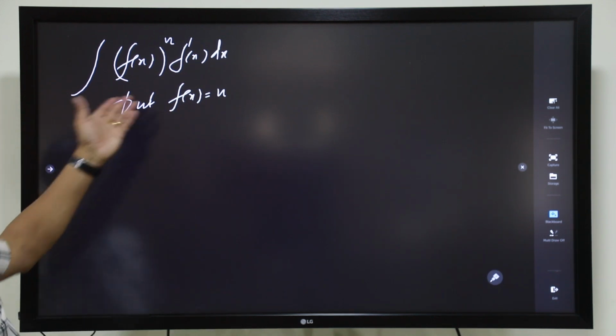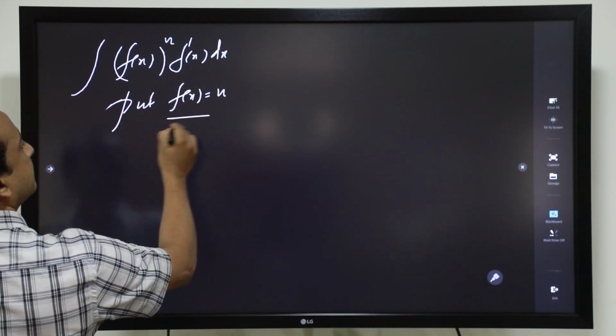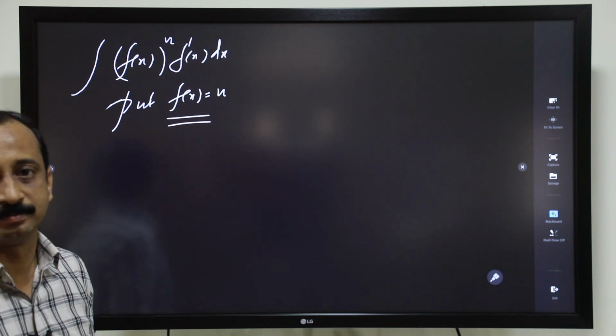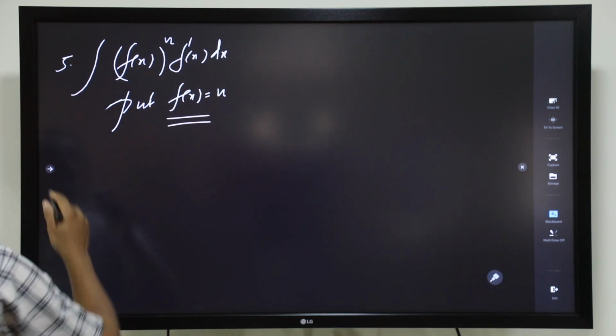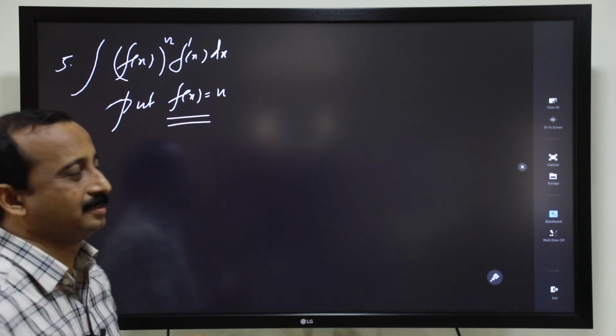Then find its derivative and form the integral of this function. Okay, a function of this form is the fifth section. We will discuss one more section in the last.